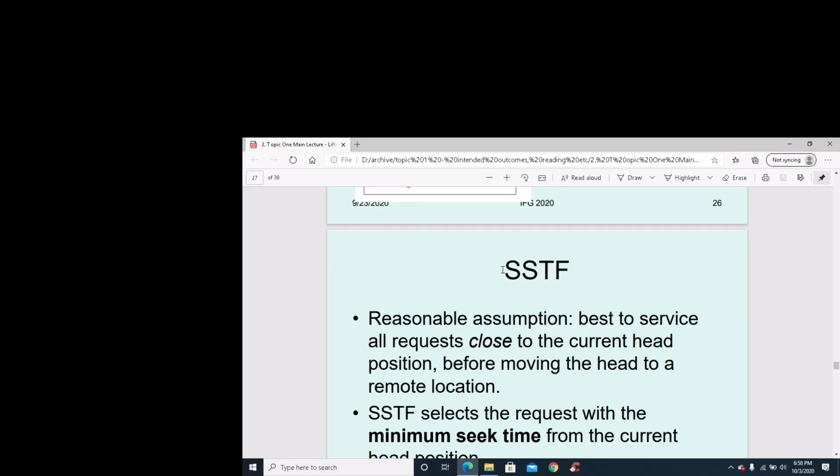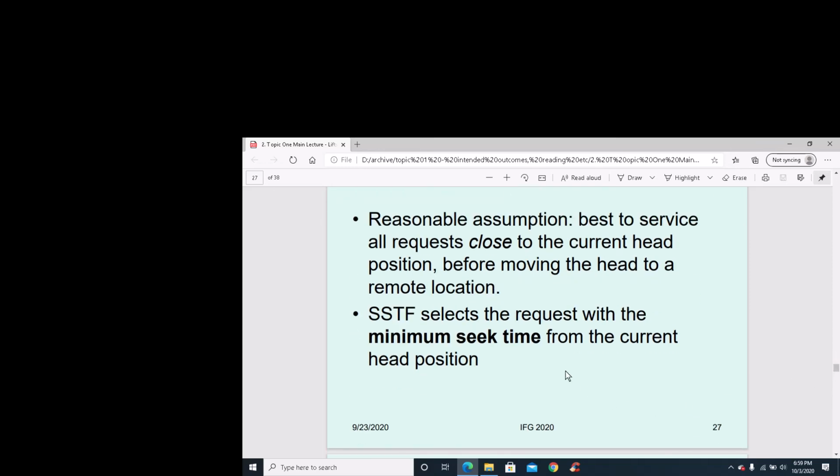The next task to be done is to service the track that's nearest to where the read-write head is. So it's a reasonable assumption. Best to service all requests close to the current head position before moving the head to a remote location. So SSTF selects the request with the minimum seek time. And remember what seek time is. It's the time it takes to get from track A to track B from the current head position.